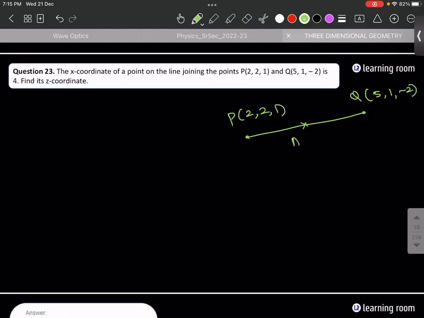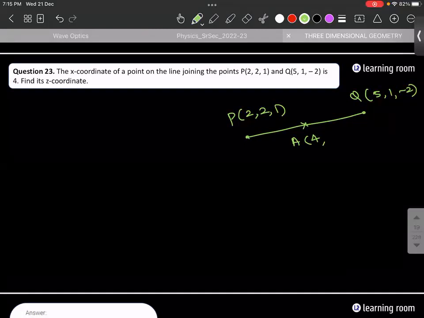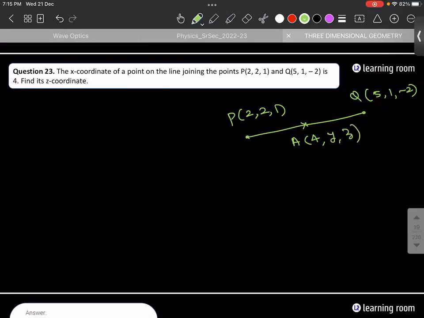If I take this point to be A, the x coordinate of the point is 4 and I don't know the y coordinate. I'm not concerned about it. Find the z coordinate is what they're asking. So how to solve? Midpoint? They didn't say A is the midpoint. A is some point.